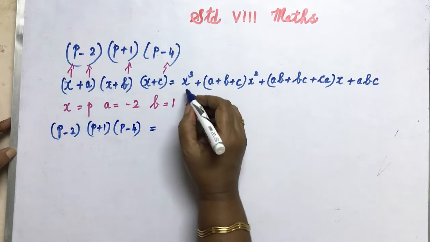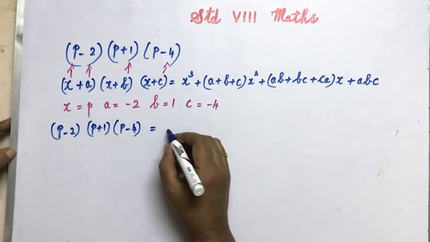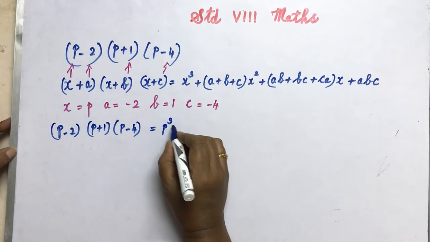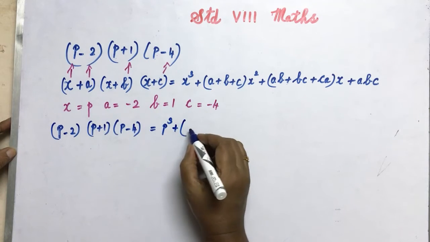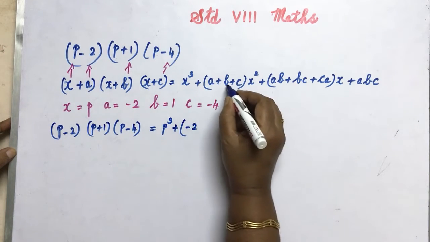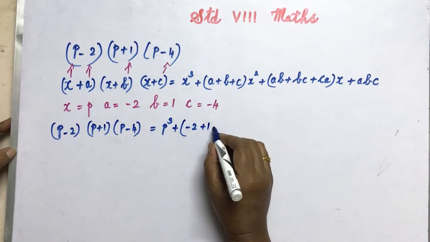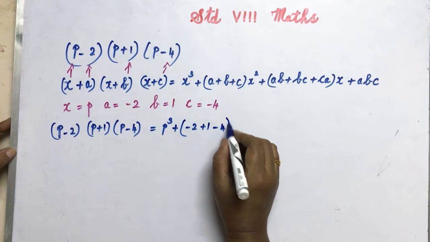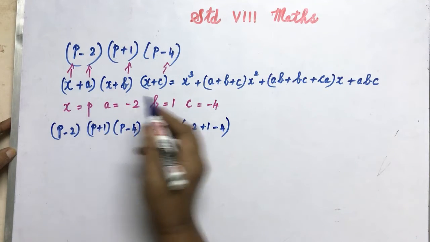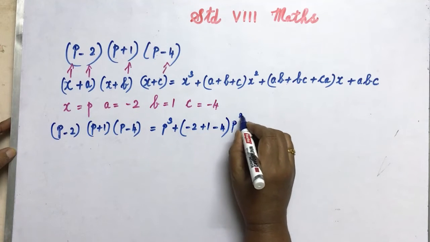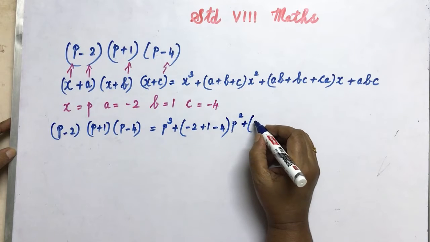Now we are going to replace x cube. In the place of x we should write p cube plus (a, in the place of a we should write minus 2; in the place of b we should write plus 1; in the place of c we should write minus 4) into x squared. In the place of x squared we should write p squared plus ab. ab means a into b.